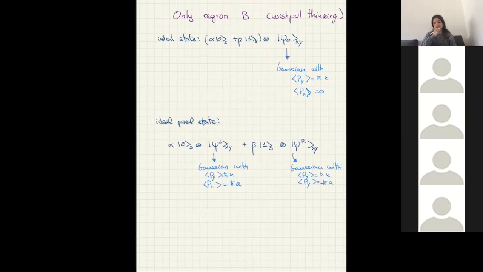The minus or plus signs don't matter so much. We'll do one and then we'll see what signs we end up with.